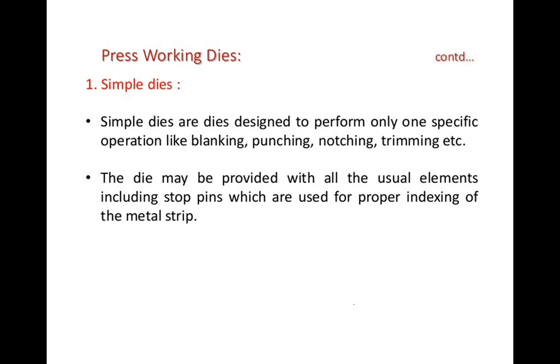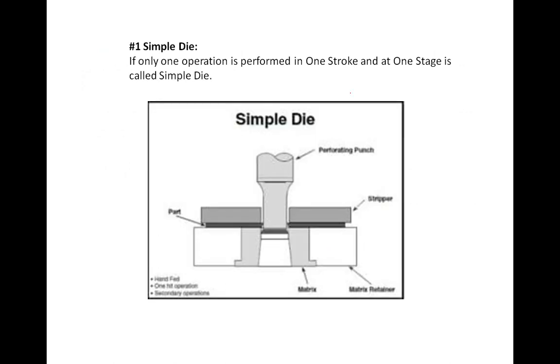And these dies are provided with all the parts which you are observing in compound, combination and progressive dies. This is the block diagram of simple die. This is the punch, this is the die, this is the stripper which holds the part on the die surface, and this is the part on which you are going to pierce a hole.